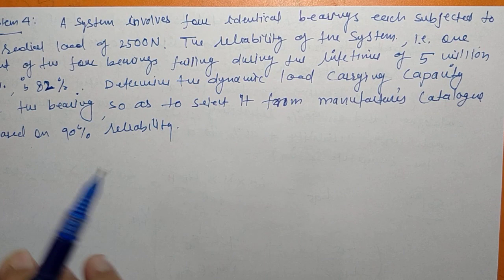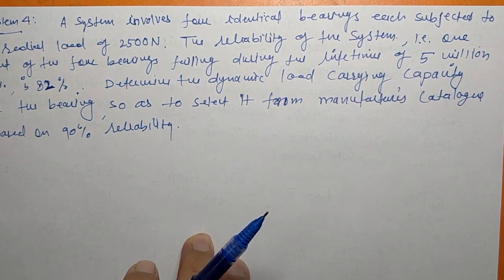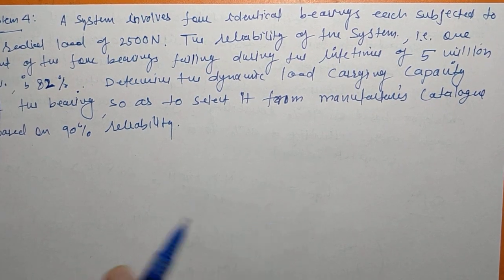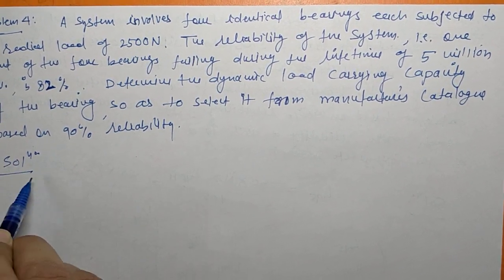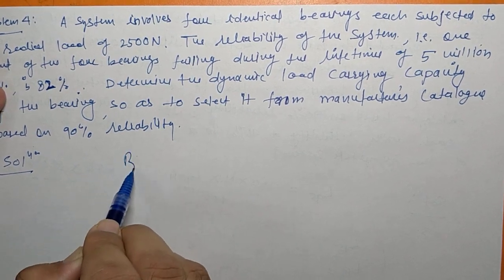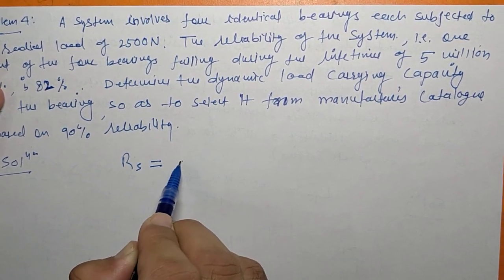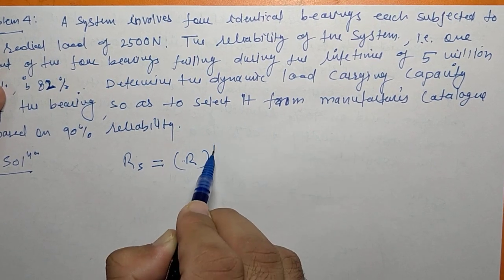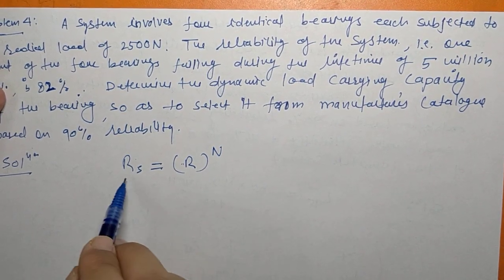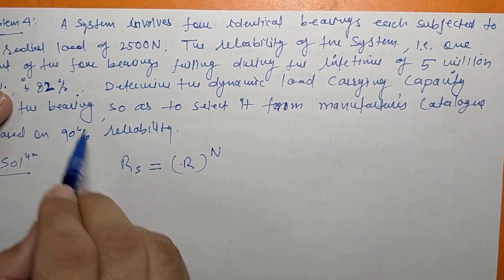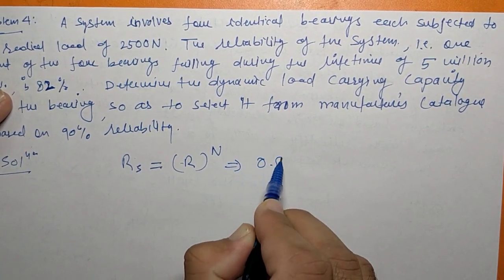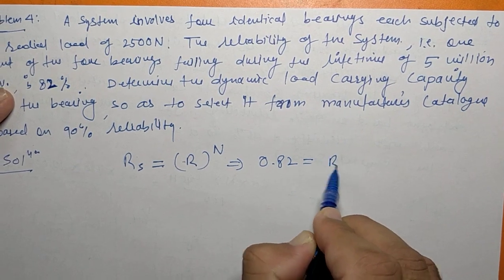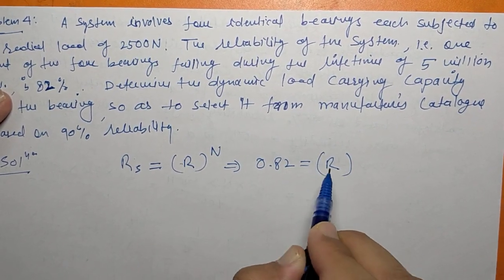So now we need to find the load carrying capacity according to 90% reliability. First we are given 82% reliability, so we start the solution. System reliability RS is given by reliability raised to power number of bearings. So system reliability is 82%, meaning 0.82 equals R raised to power n.